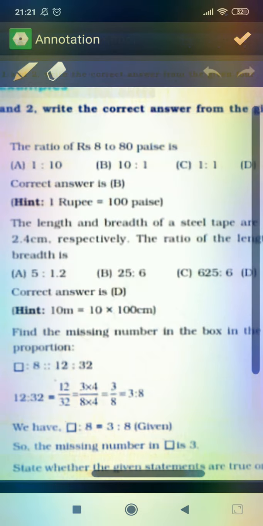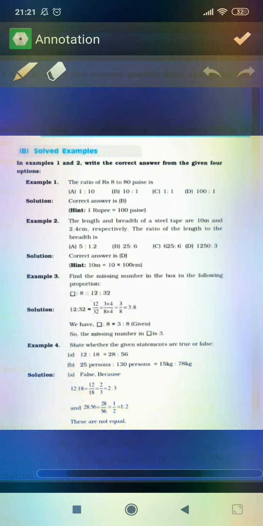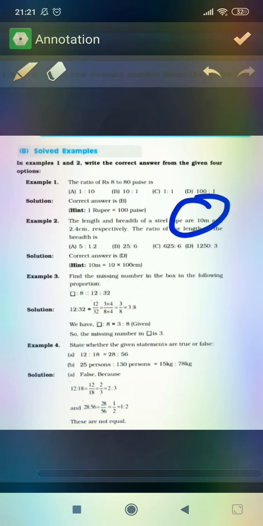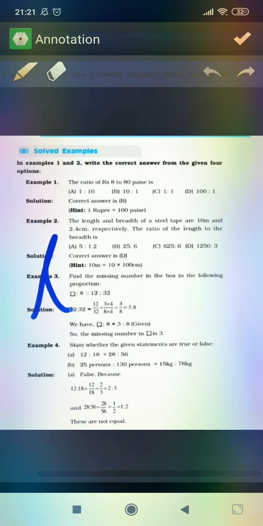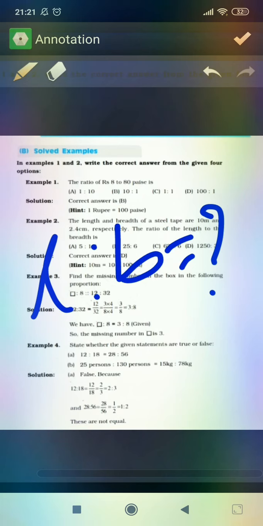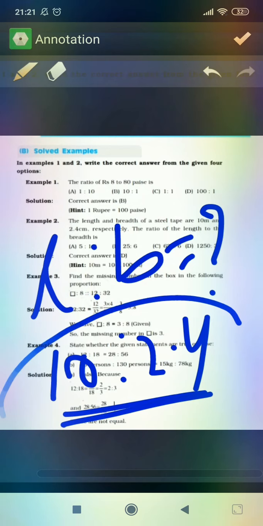Similar model, but given in a different manner. Just observe the quantities which are given, the length and breadth, L and B. Next, L is to B, they asked. Suppose 10 is to 2.4. I discussed previously that in multiple answers they can give this, and the simplified form also.